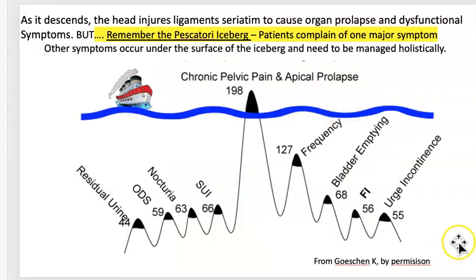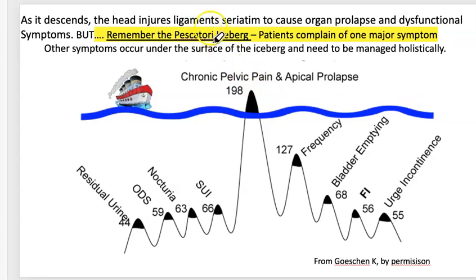This is from Professor Gershon's work. He had 198 patients that came along with chronic pelvic pain, and when he examined them, they had some degree of apical prolapse. Now, Professor Pescatori, a colorectal surgeon, described the Pescatori iceberg.